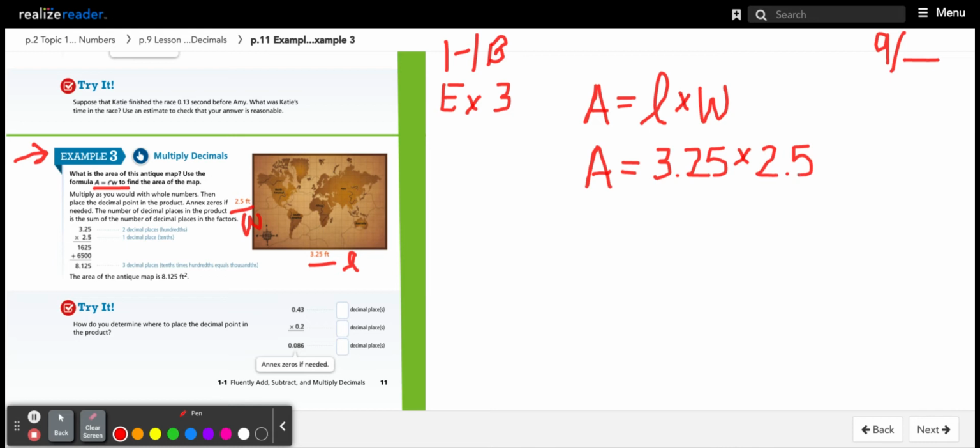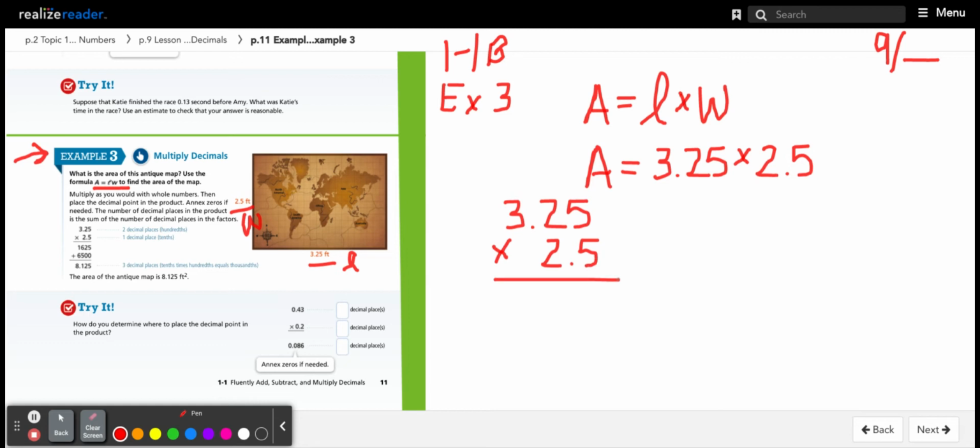So now I have a multiplication with decimals problem, and I have to write these numbers vertically to solve my multiplication problem. So when we were adding and subtracting decimals, the key was to line the decimals up. Today we're multiplying decimals. We do not have to line the decimals up. So I'm just going to rewrite my multiplication problem vertically, and you should also be writing this in your notebook. 3.25 times 2.5.